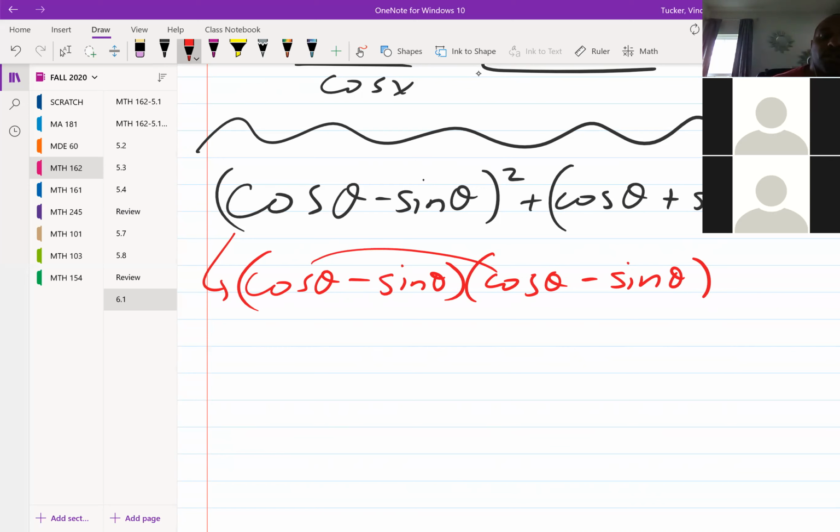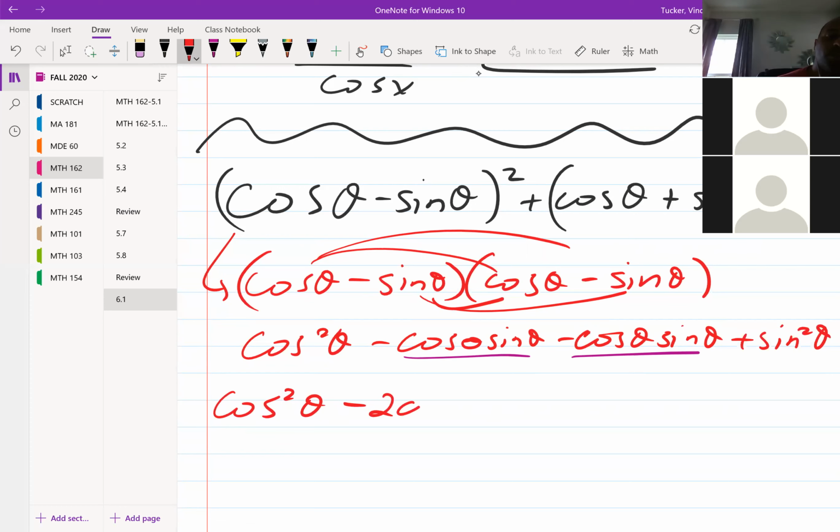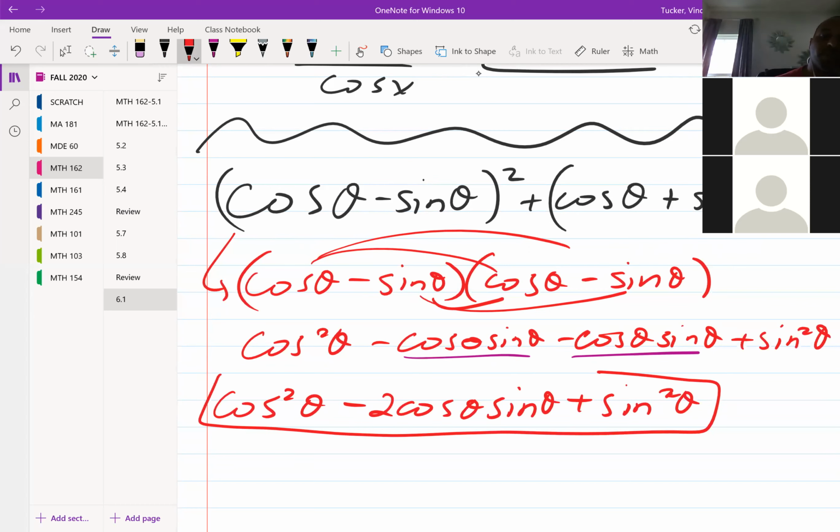So cosine times cosine, cosine squared, minus cosine sine, minus cosine sine, plus sine squared. Combine your like terms. Cosine squared minus 2 cosine theta sine theta plus sine squared theta. So that's my first parentheses.